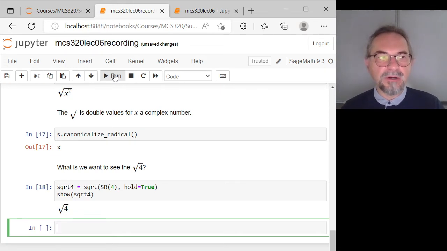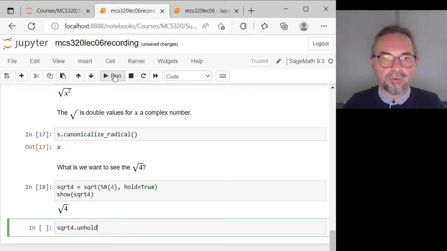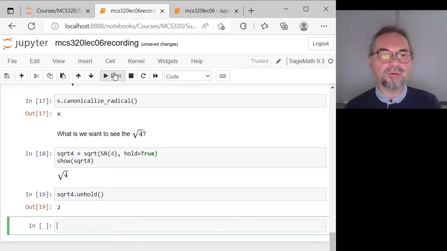Okay, so I can remove the hold. I can do the unhold method, and that will do the simplification and evaluate the function. So just like the square root of 2 was not evaluated, I can prevent the evaluation of any square root.